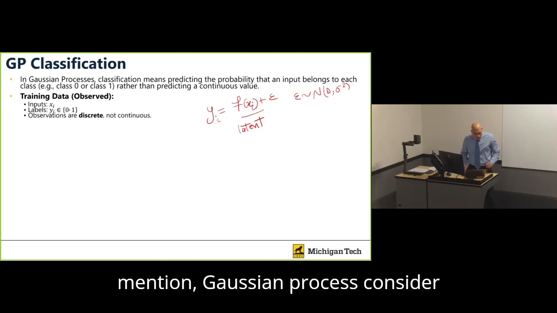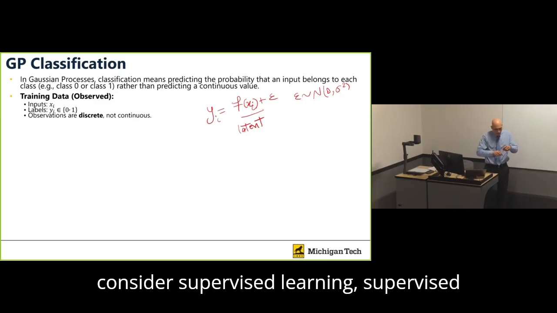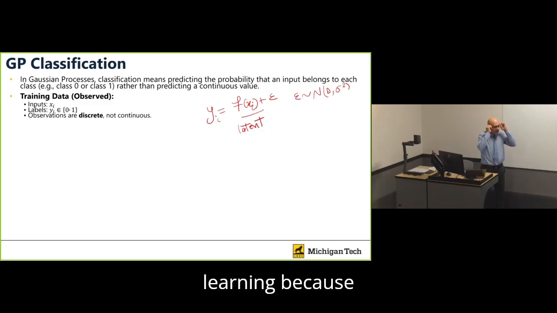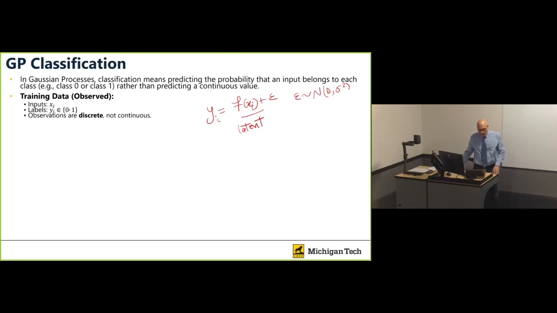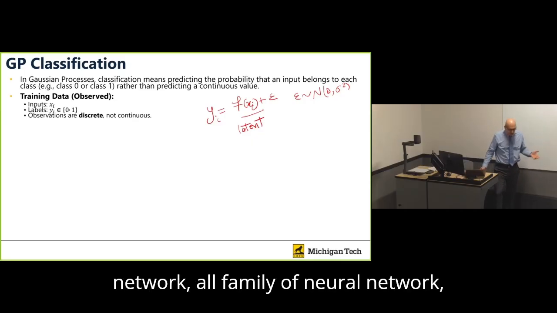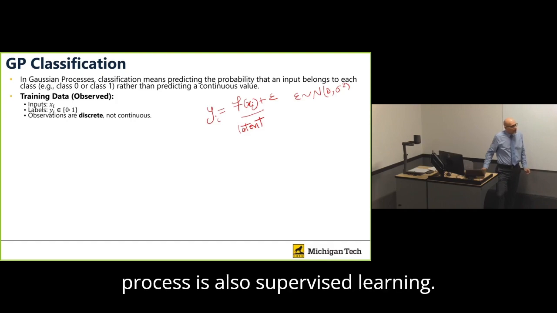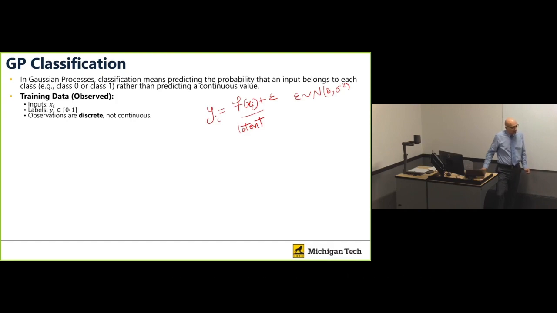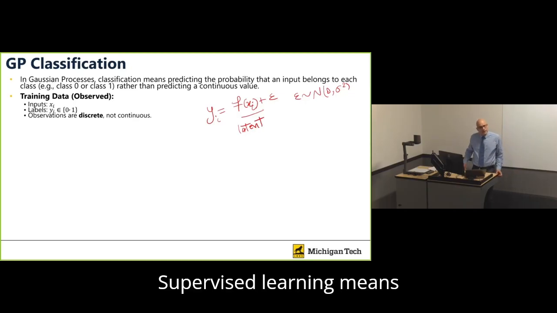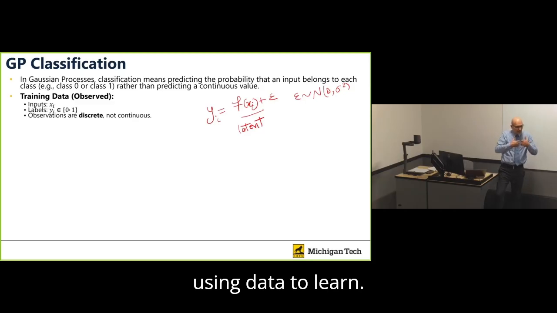Another thing that I need to mention: Gaussian process is considered supervised learning, like deep learning, like neural networks, the whole family of dense neural networks, whatever. Gaussian process is also supervised learning, which means using data to learn.